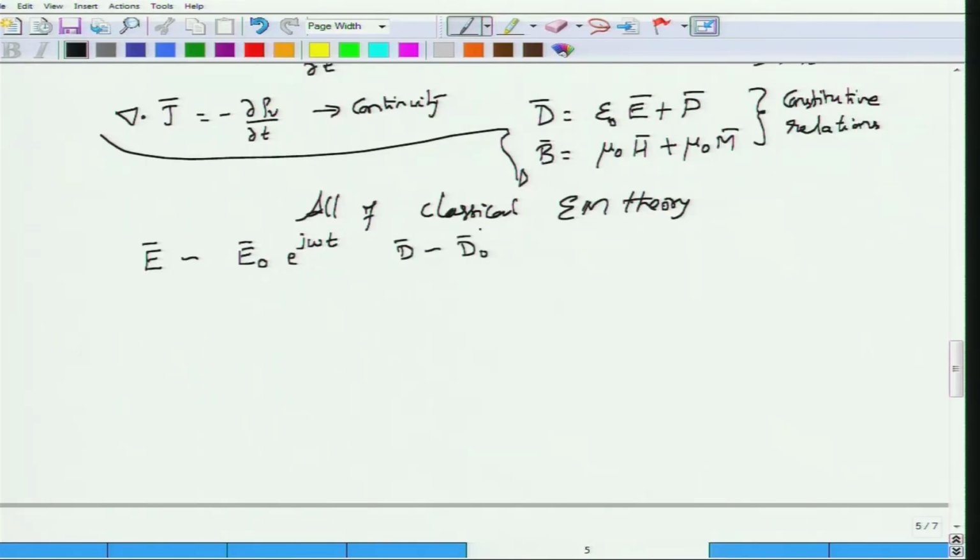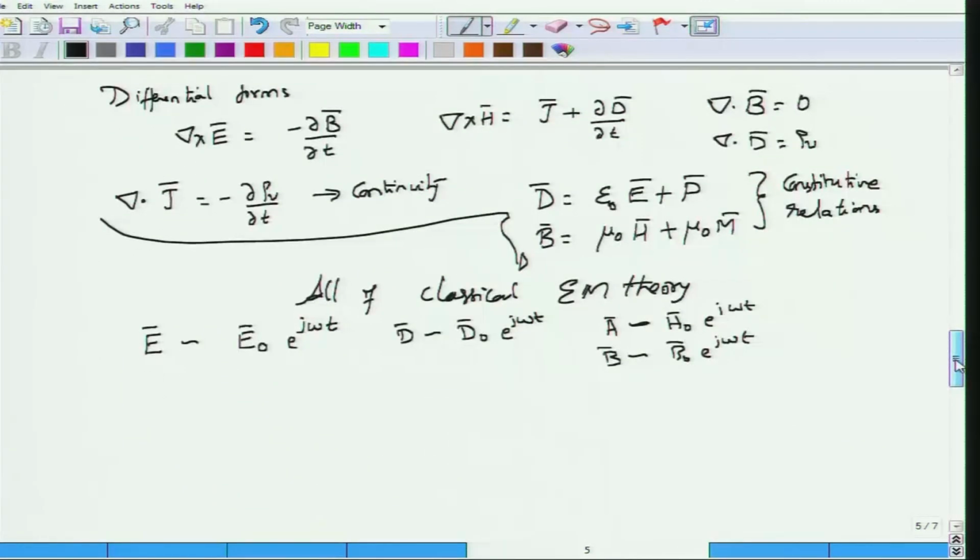So, D will also be pointing in a direction, but it would be varying with the same frequency. H would also be varying as H0 e power j omega t, and B would also be varying as B0 e power j omega t. In this case, what will happen to the differential form equations?